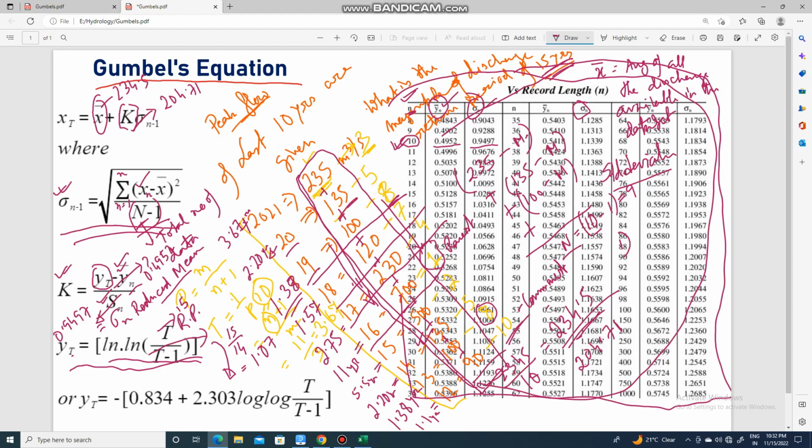You can use the scientific calculator for this. Let us see what will be the value. Log normal of 1.07 is coming at 0.067658 and so on.